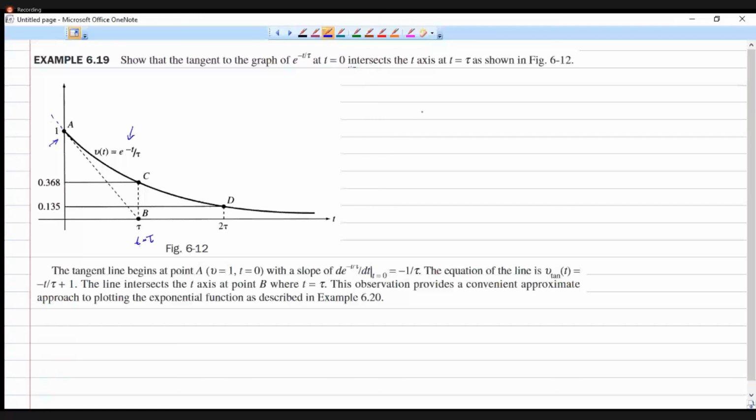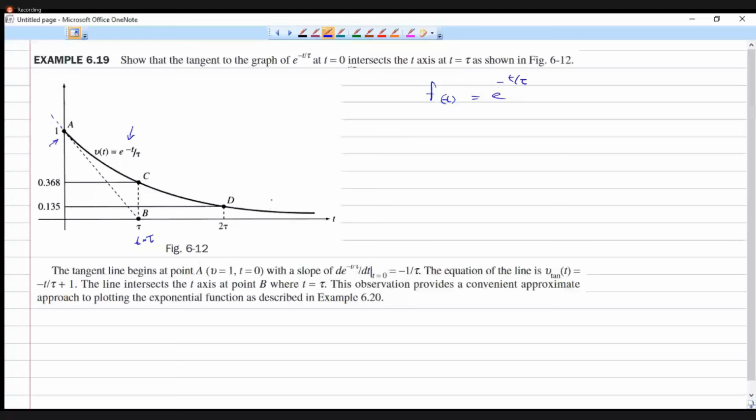mathematically? I will quickly tell you, to get the flavor of this. Our function f of t is equal to e power minus t by tau. Let us write it in terms of the time constant. So this is the function.